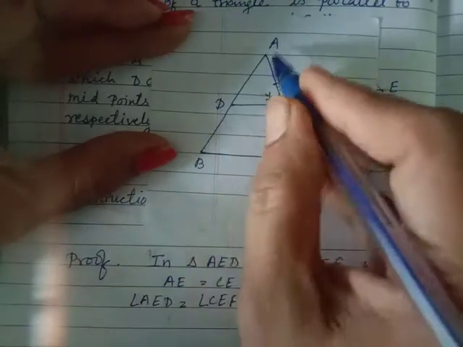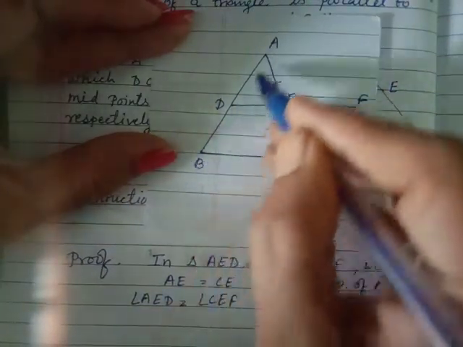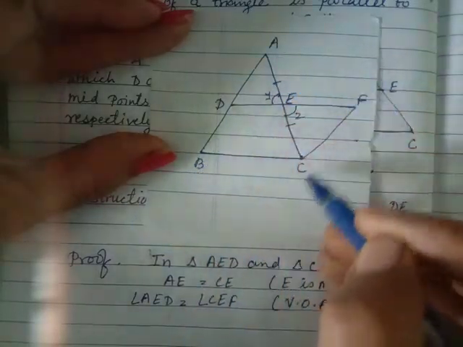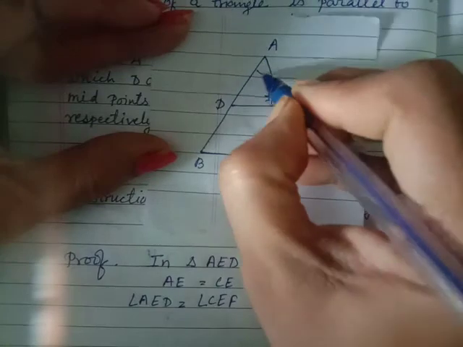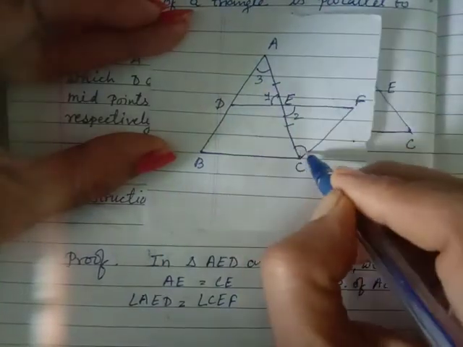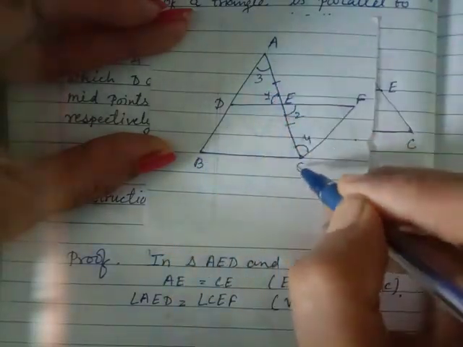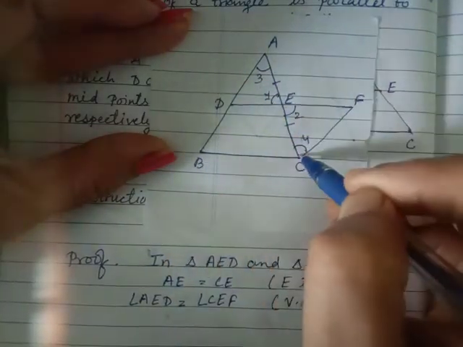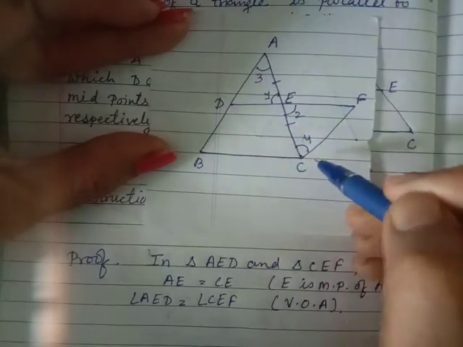Then the third fact we'll use, that AB is parallel to CF. You can see that AB is parallel to CF, and AC is the transversal. So we'll get this angle 3 is equal to angle 4. You can see a Z is forming here. So angle 3 is equal to angle 4, alternate interior angles.